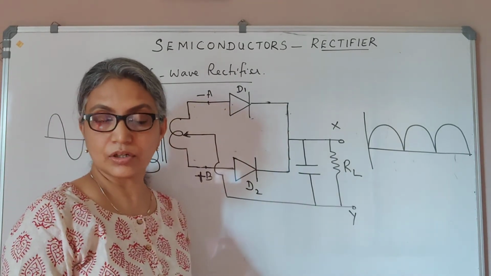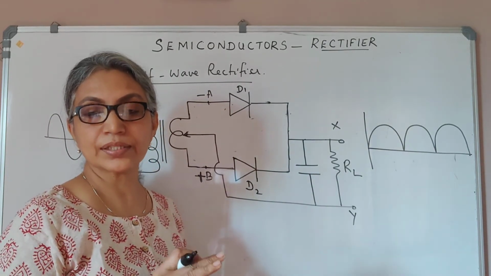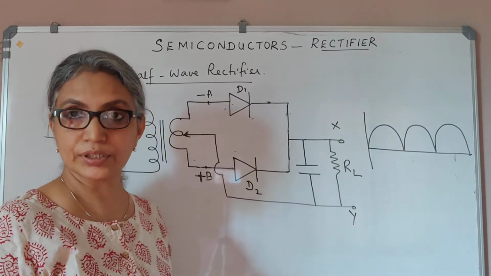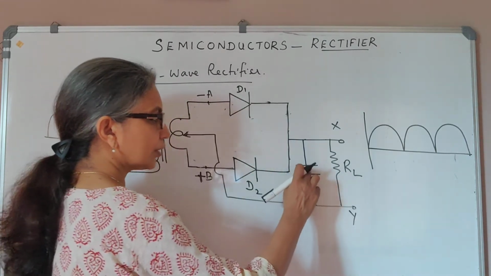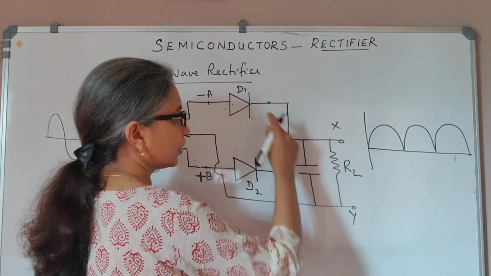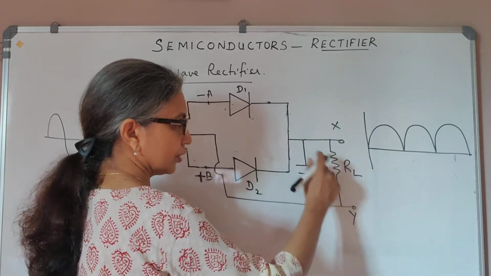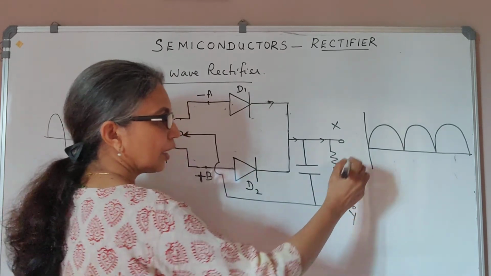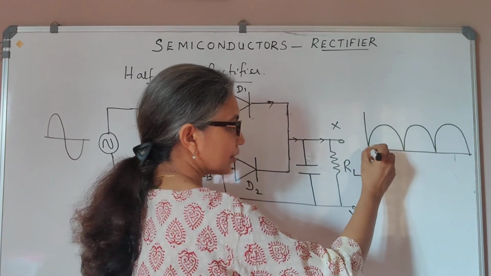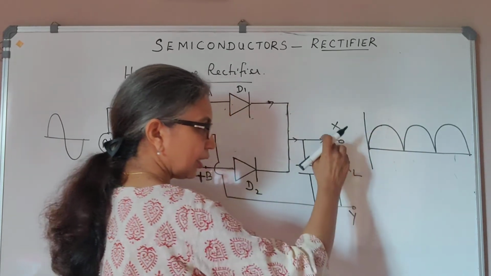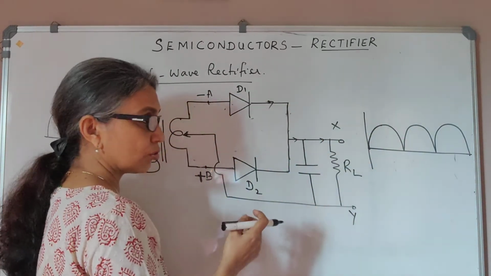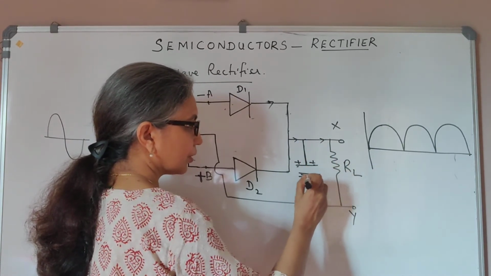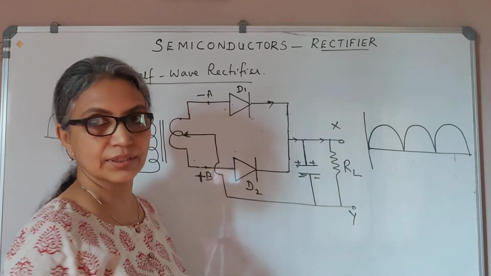When I taught you AC current, alternating current, we know that a capacitor blocks DC. It does not allow DC to pass through because it offers infinite resistance. So now what happens here is, when you have this DC output current flowing through R, as the voltage increases in RL, of course current also increases, you will see that this capacitor now gets charged because of the DC current.